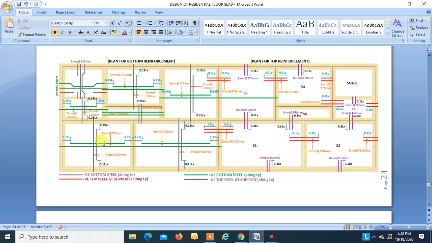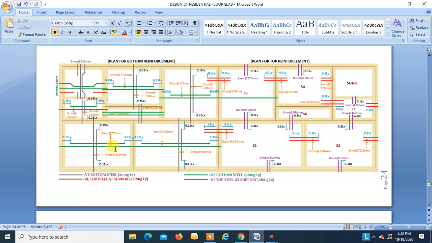Oh, sorry, this is Ly, right? Sorry, 0.15 Ly and 0.25 Ly. So you take Ly of this span for this, and for this you take Ly of this span. Similarly, over here this is 0.15 Lx and this is 0.25 Lx, right?